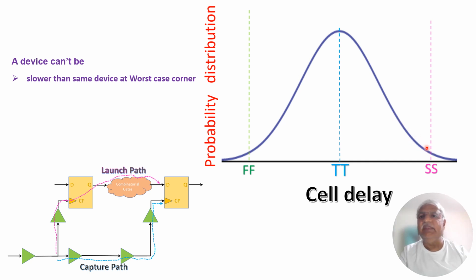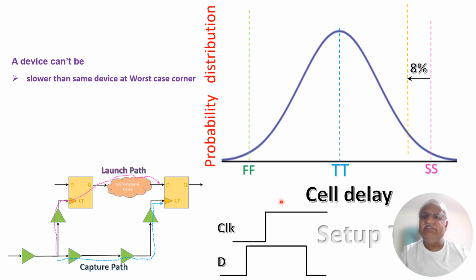The devices can be slower than this; these cell delay values are slower than this large value. To analyze the setup condition further, we will consider this setup timing scenario.